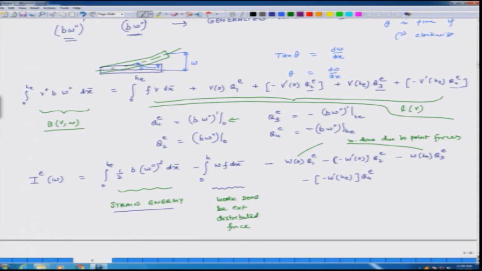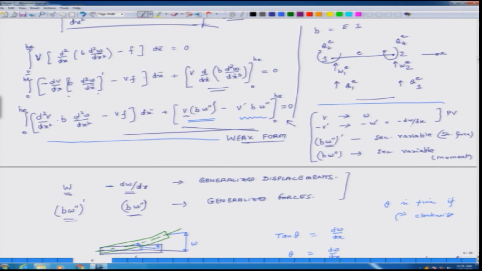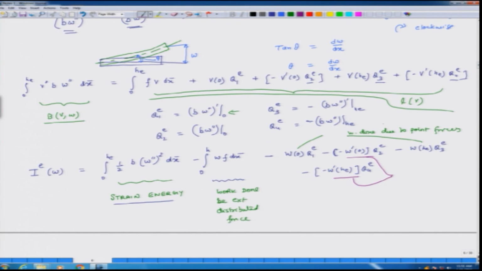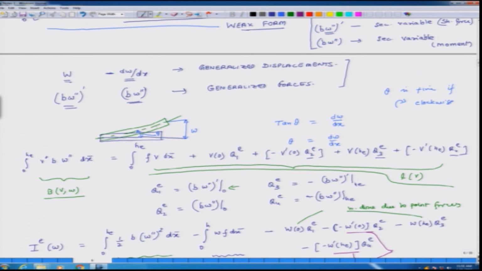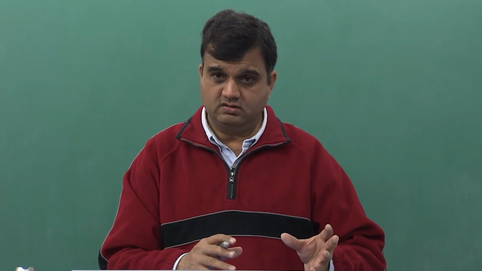And finally, you look at these terms. Q2 and Q4 are moments applied at the ends of the element. And what is W prime? W prime represents the rotation because of that. So moment times rotation is again work done.